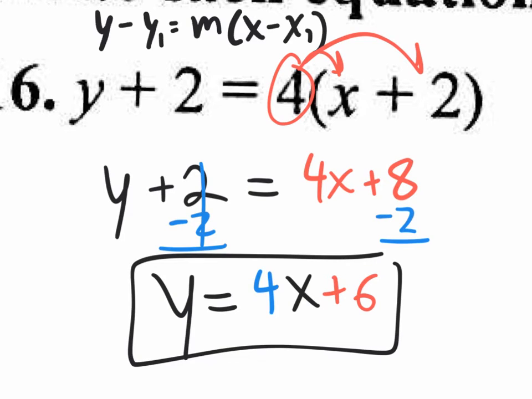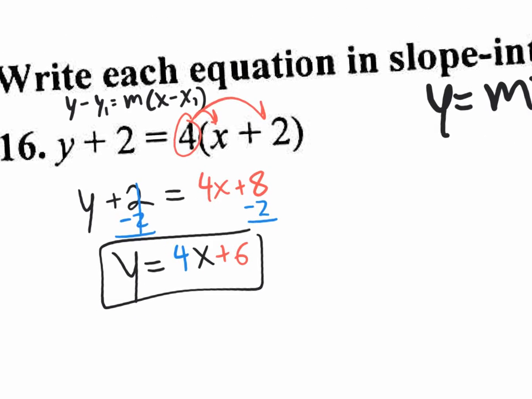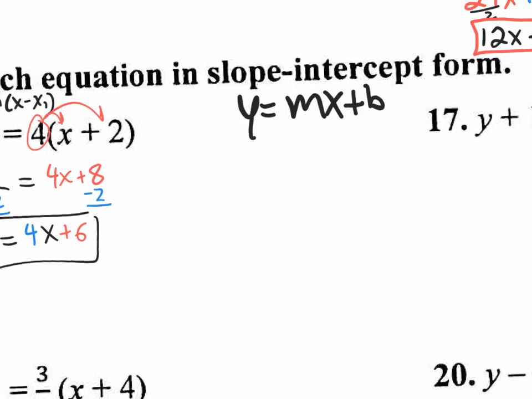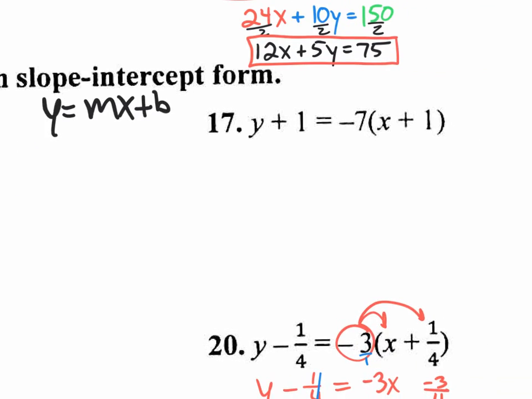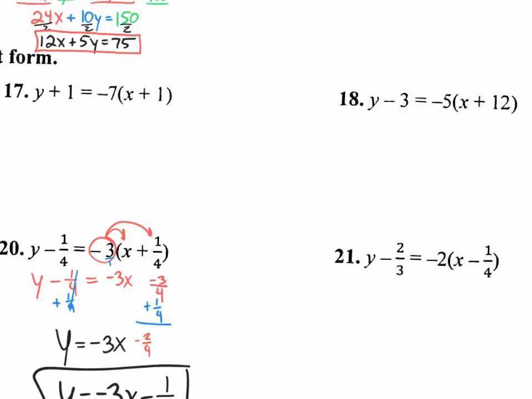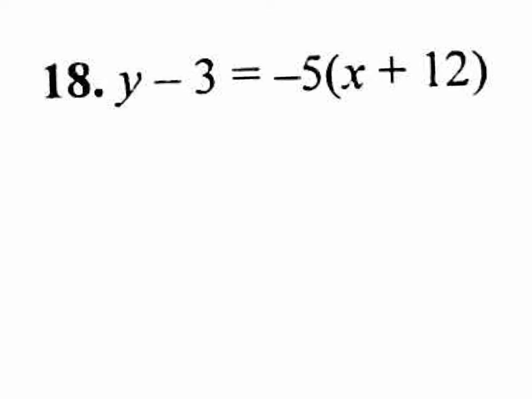So like I said, our 3 forms for today that we want to really be good at, all 3 forms: standard form, slope-intercept form, and point-slope form. So we need to be able to change any equation to any equation form that they want us to change it to. So number 18, it's in point-slope form.